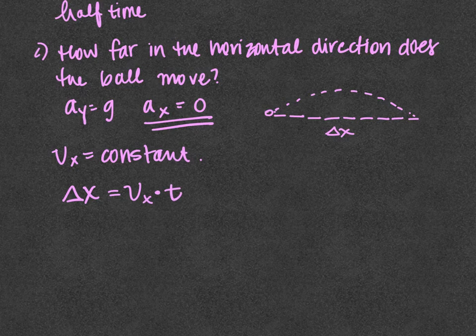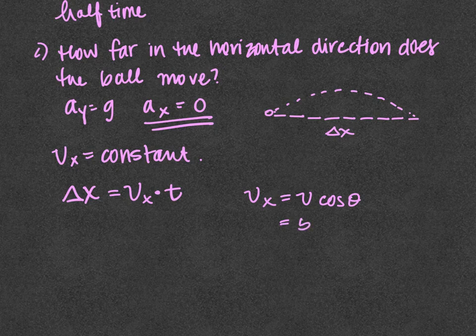So now I need to find what is this initial velocity in the x direction. So again, from the trig earlier, the velocity in the x direction is v times the cosine of the angle.